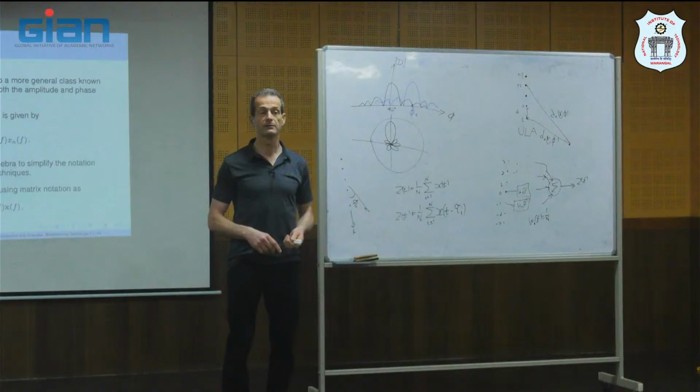Suppose that I don't tell you what the desired beam pattern is. Can I design these weights such that the maximum will be in a certain direction? Yes. Now, suppose that not only do I want the maximum to be in a certain direction, but I want to maximize the directivity factor.